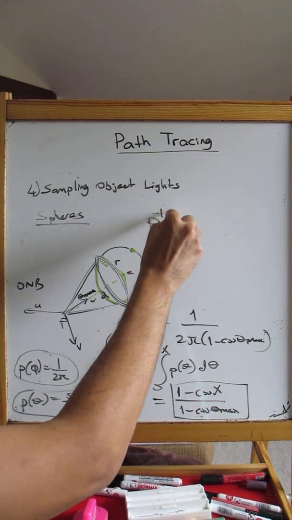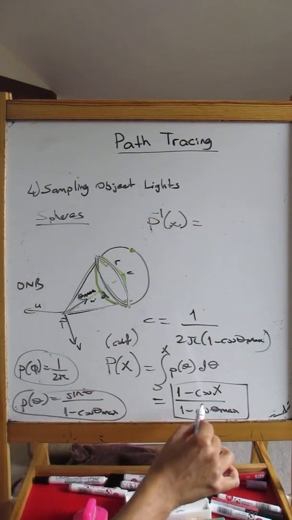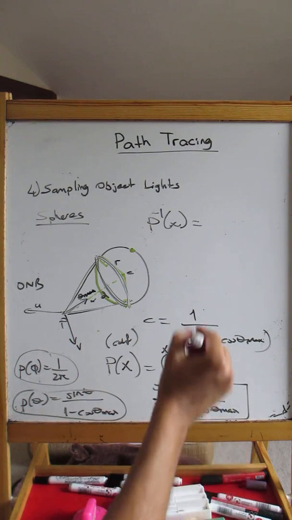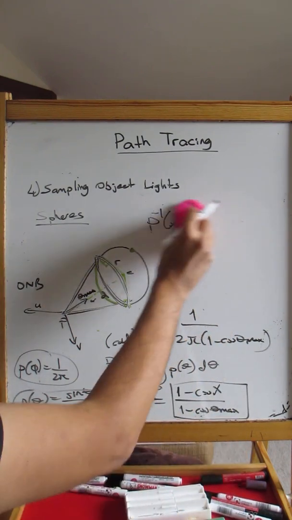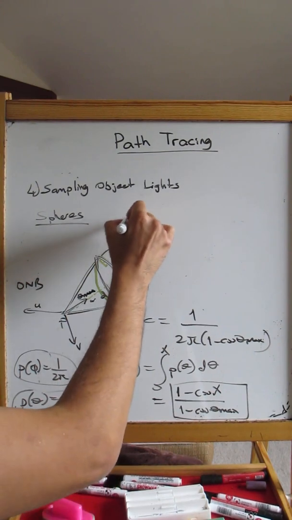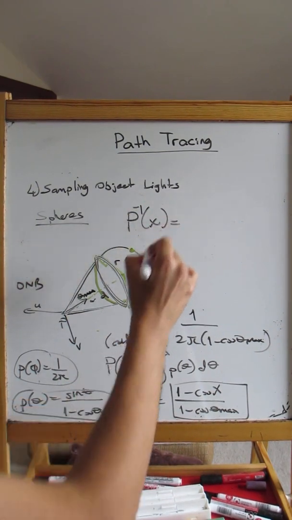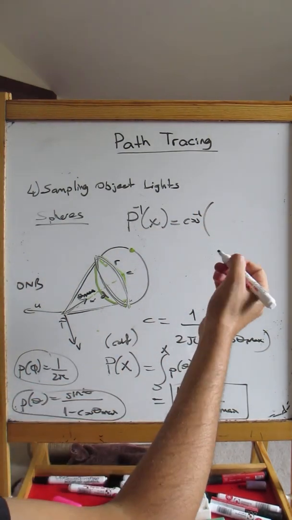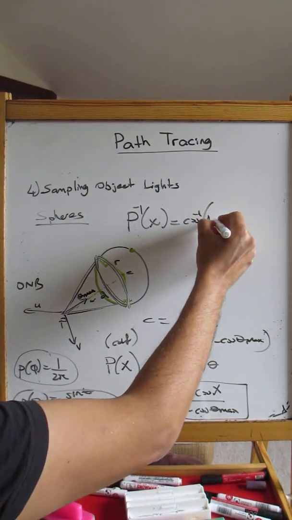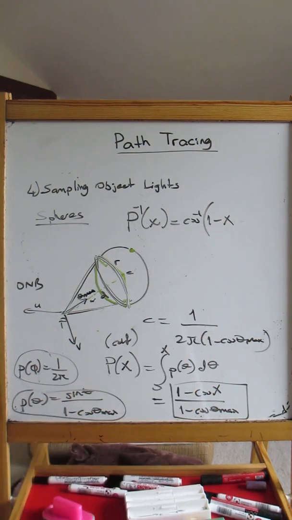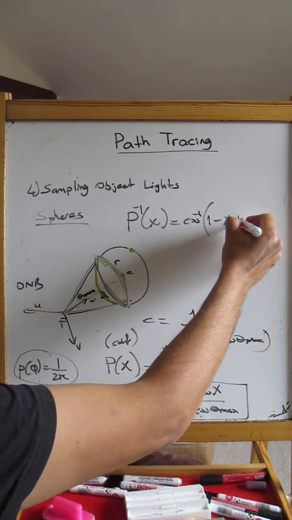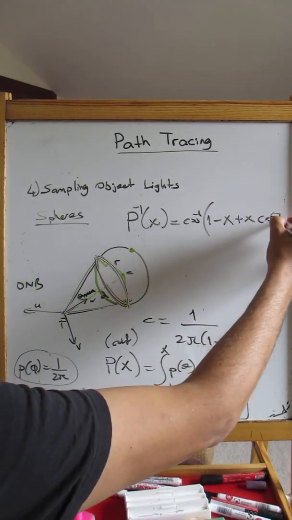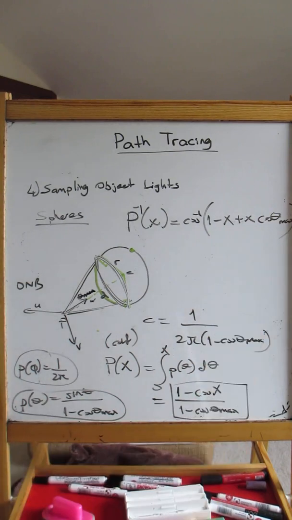Once we invert this, we find the following. So let me write a little bit here. P minus 1 of x is equal to arccos of (1 minus x plus x times cos theta max).